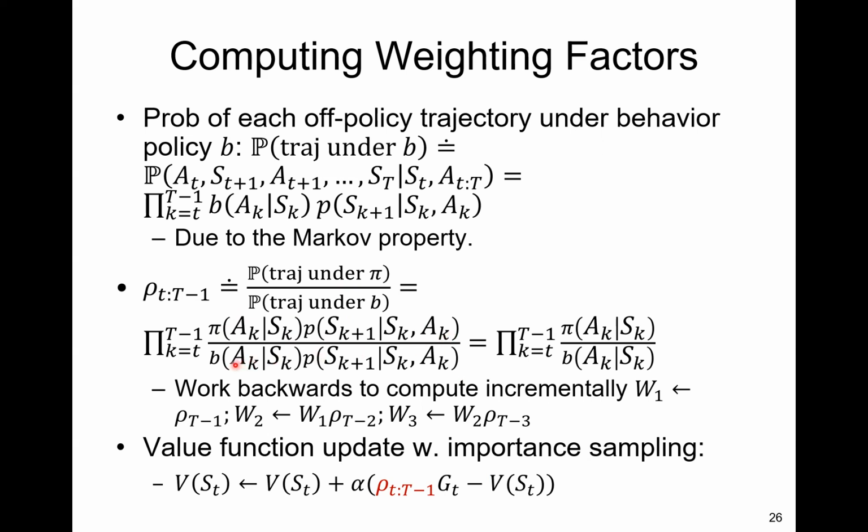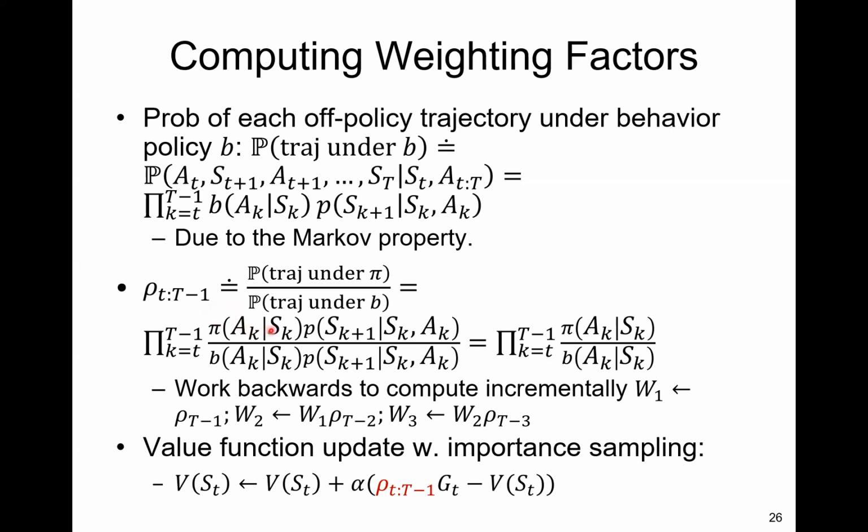Similarly, this is for the behavior policy. If you perform this multiplication for an episode, suppose the episode length is capital T, then starting from any intermediate step, a small t, all the way to the end of the episode, the numerator is the probability of experiencing the sequence of state, action, reward pairs for all the steps from small t to capital T minus 1.